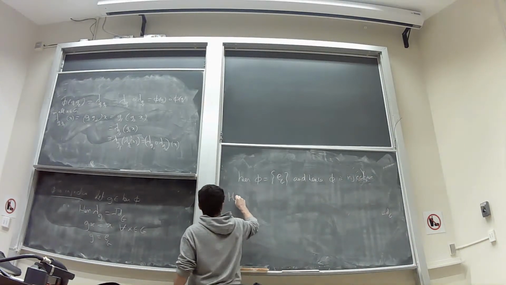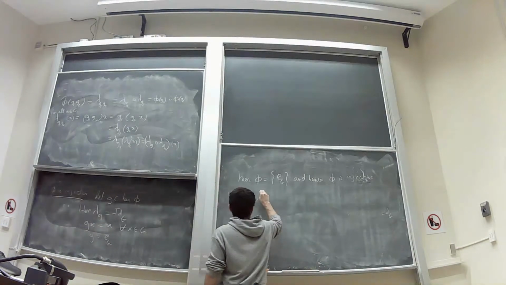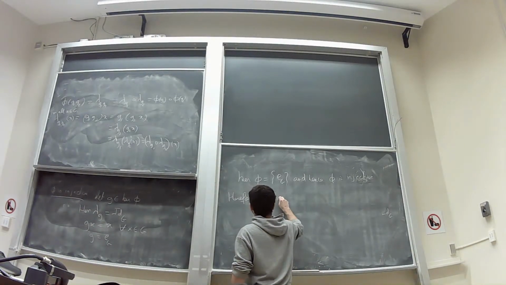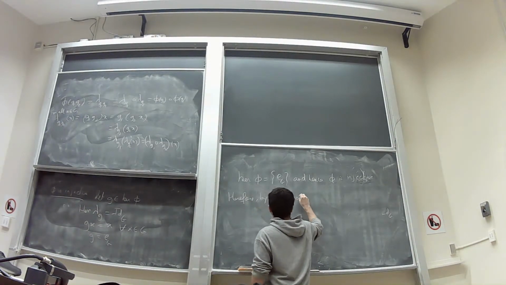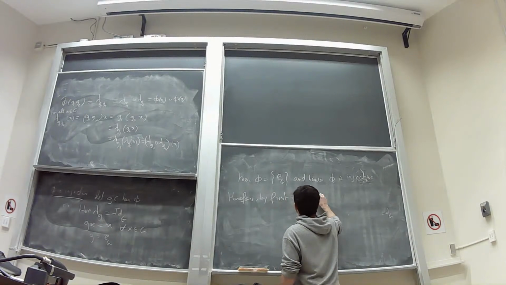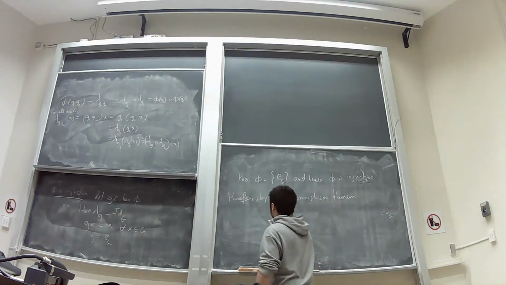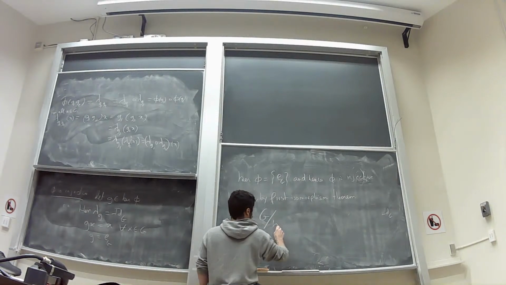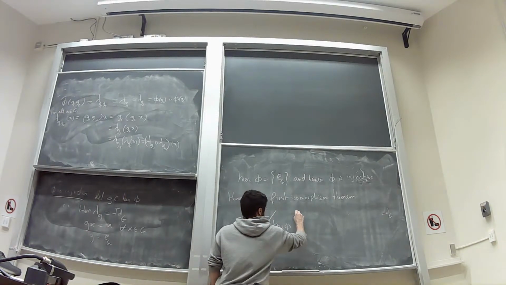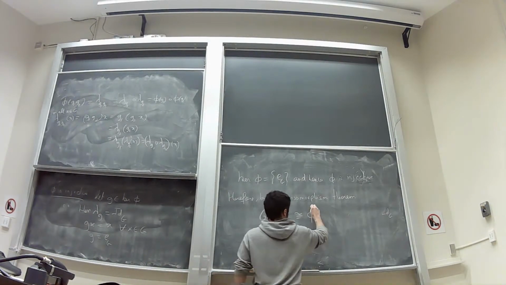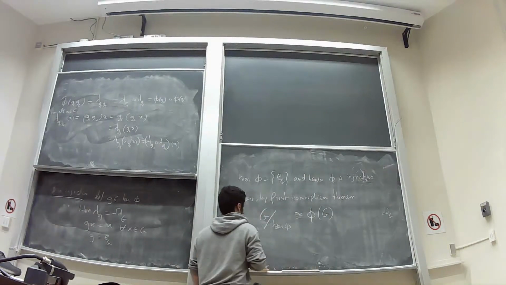Therefore, by the first isomorphism theorem, G modulo the kernel of phi is isomorphic to phi(G). Now, what is the kernel of phi?